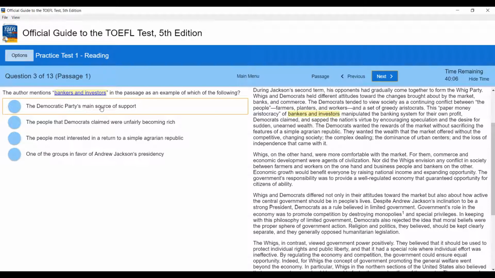And it doesn't say that these investors were supporting the Democrats. So two of these are not mentioned, and then one of these is referring to somebody else. So this choice B is what is left as a possibility of who is unfairly becoming rich.